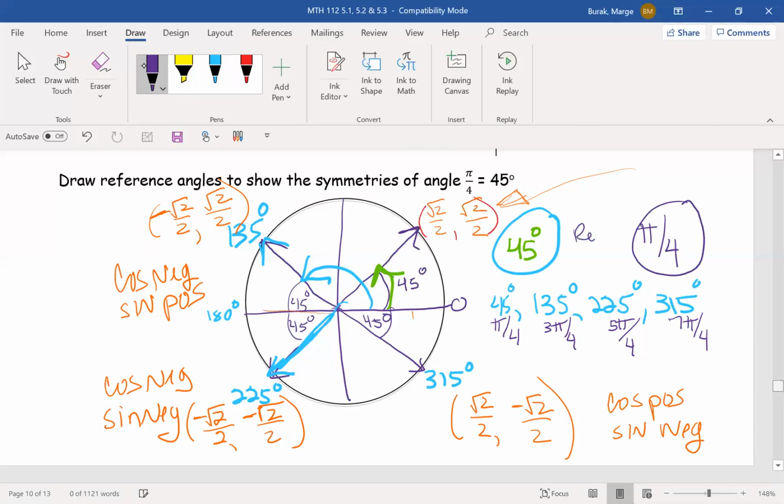So the reference angles are these guys. Okay, so anytime you want the sine or the cosine of 3 pi over 4, 5 pi over 4, 7 pi over 4, you know it's going to be radical 2 over 2, but you don't know whether it's positive or negative until you think about which quadrant it's in.